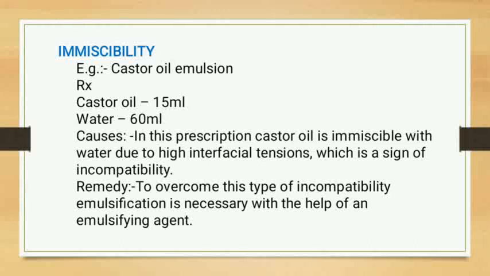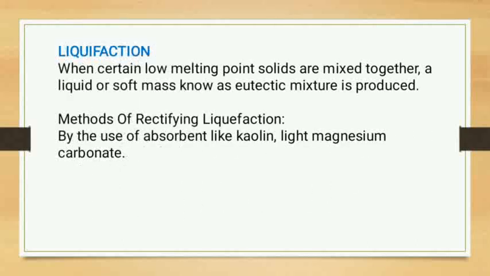Okay. Now, moving to the next one, that is liquefaction. So, here liquefaction means formation of eutectic mixtures which is formed when certain low melting point solids are powdered together. A liquid or soft mass is produced due to lowering of the melting point of the mixture to below room temperature.